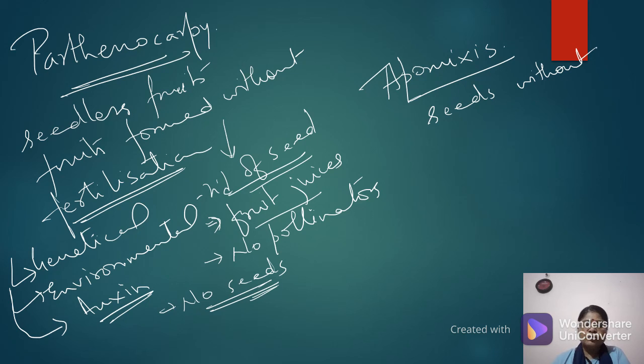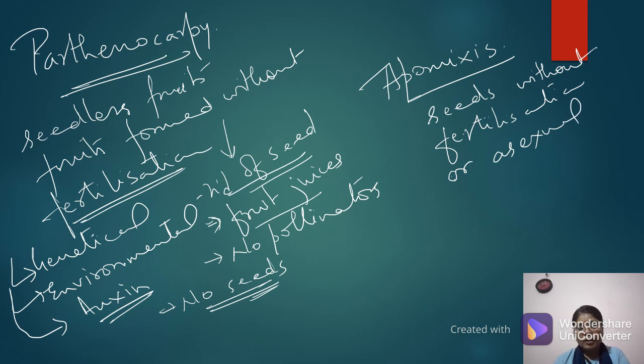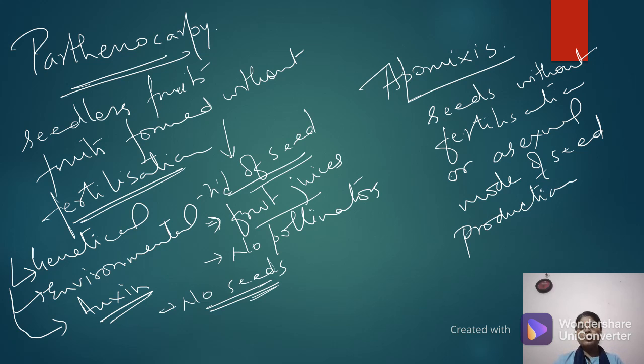It is an asexual mode of seed production. I have told you plants use seeds for dispersal, so this asexual mode is promoting seed production and helping in dispersal.